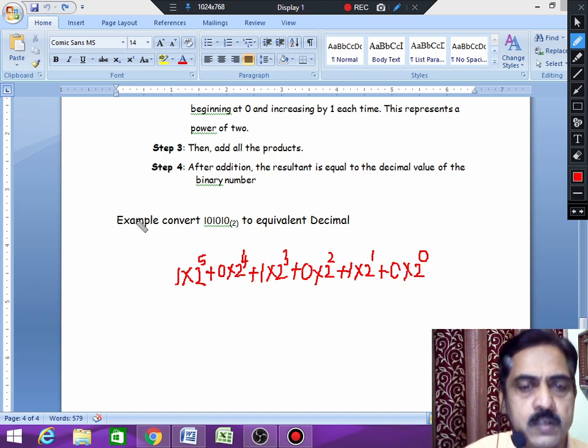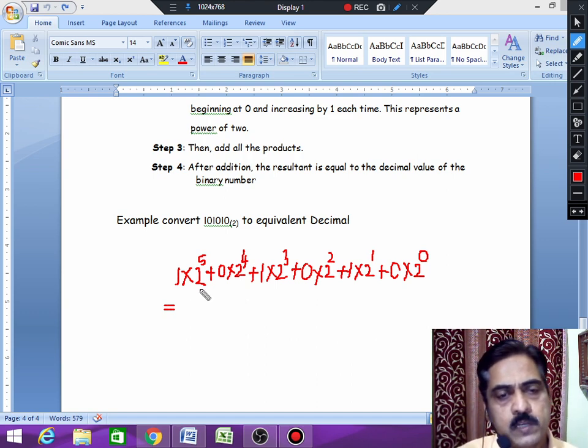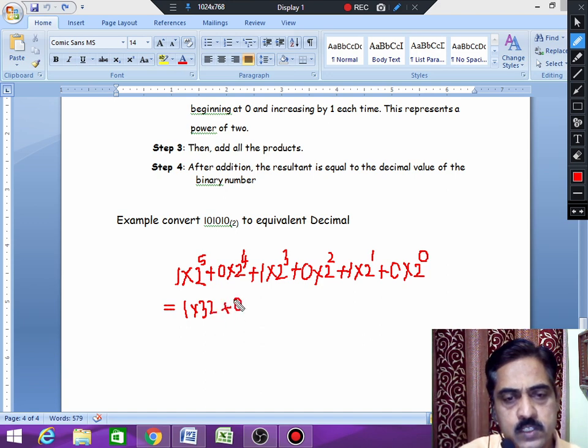Now the next step. 1 into 2 to the power of 5 means you have to multiply 2, 5 times. That is 2 into 2 is 4, 4 into 2 is 8, 8 into 2 is 16, 16 into 2 is 32. That is 1 into 32, plus 0 into 2 to the power of 4 which is 16.